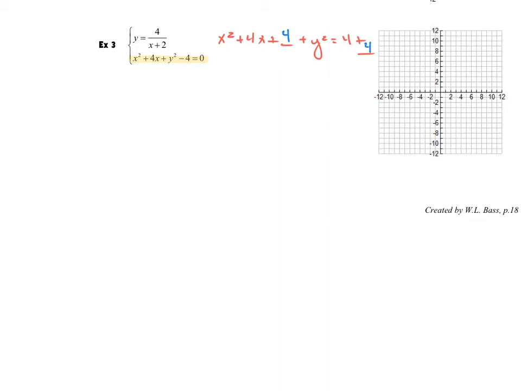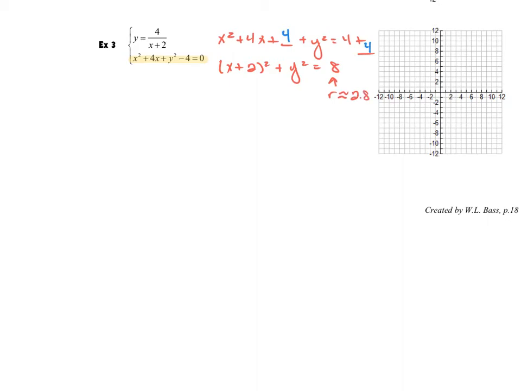So we can jump to the x plus 2 quantity squared plus our y squared equals our 8. So when we go to graph this, we can see that this circle has a shifted center to a -2, 0, and our radius, we are again going to have to approximate that square root of 8. So our radius will be about 2.8.